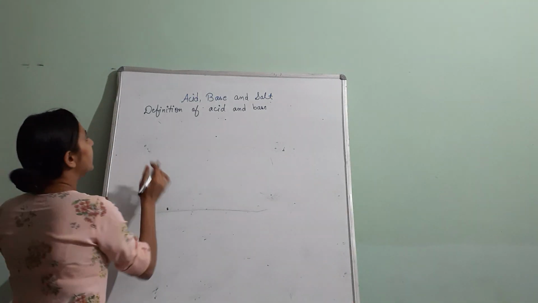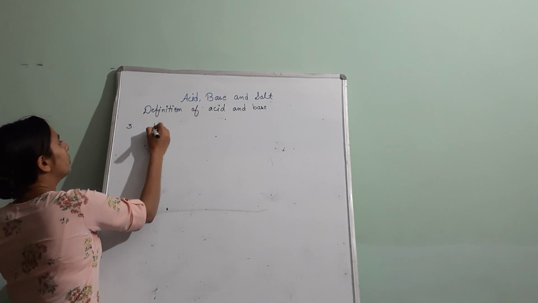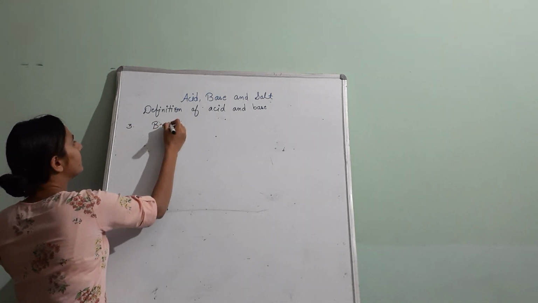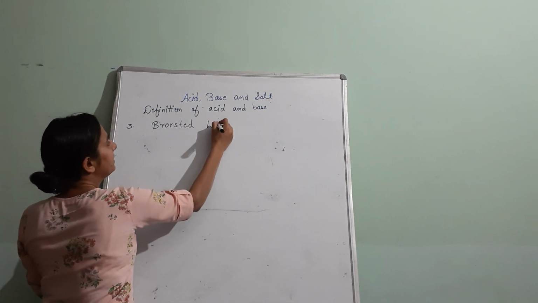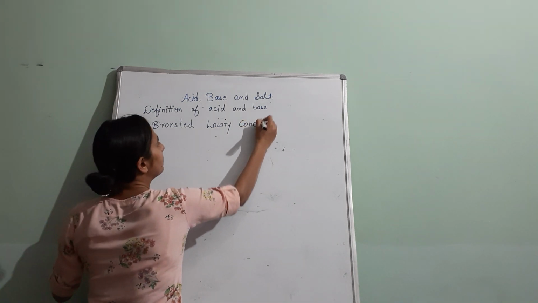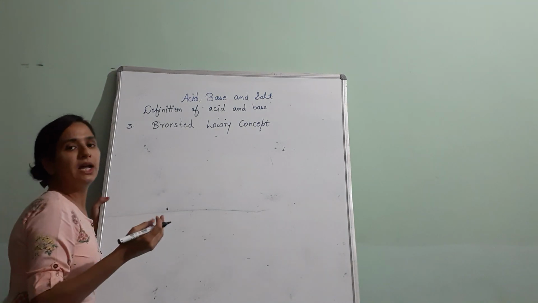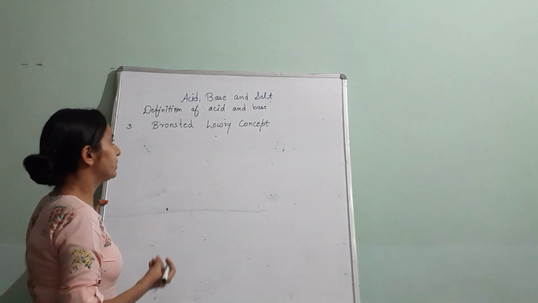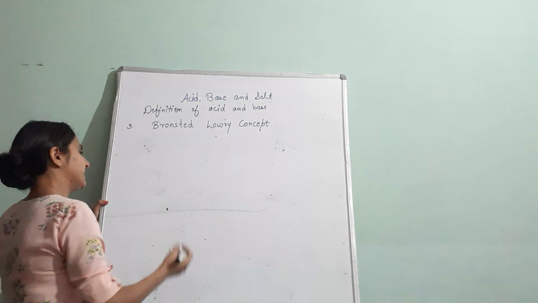Let's start our today's lecture with the third concept, Bronsted-Lowry concept. To overcome the limitations of Arrhenius concept, Bronsted-Lowry again defined acid and base.